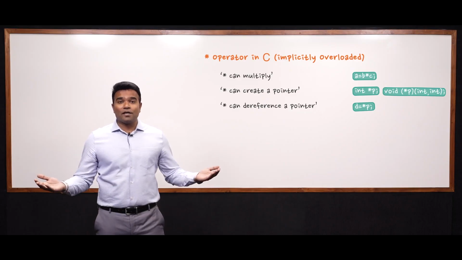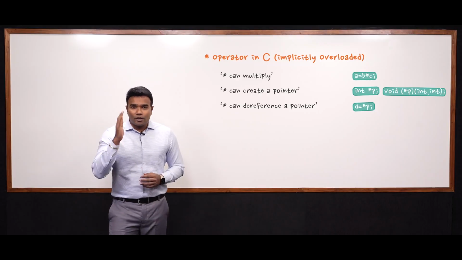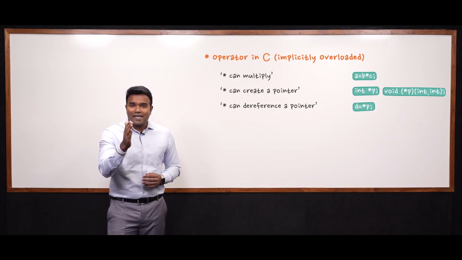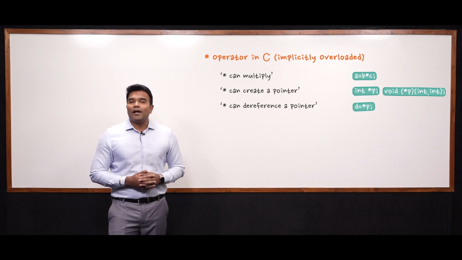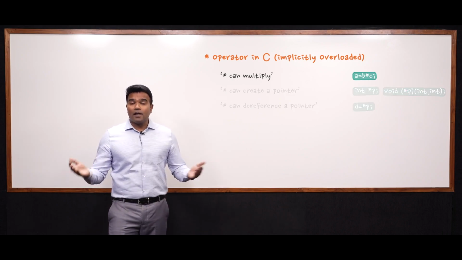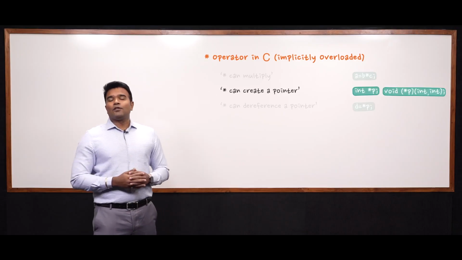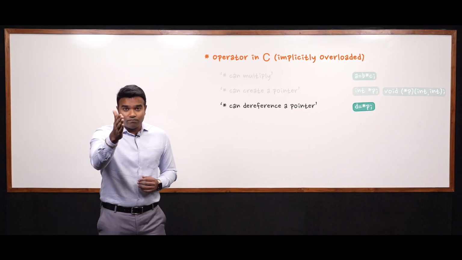How to come out of this confusion? Very simple. Whenever you look at a piece of code, you need to analyze that code and see exactly what is the role played by that star. Is it playing the role of multiplication operator? Is it playing the role of pointer creation operator? Or is it playing the role of dereferencing? That is what you need to figure out.